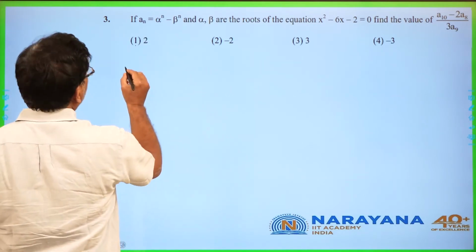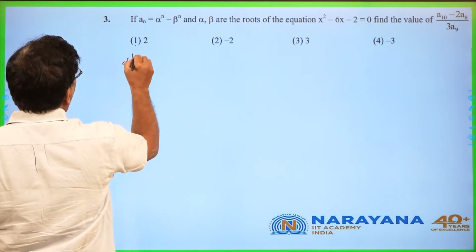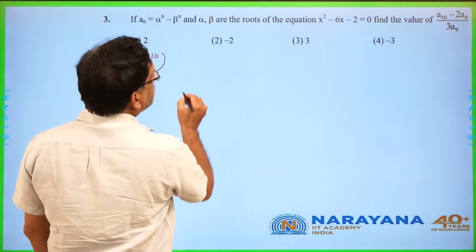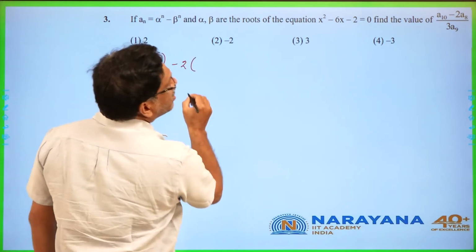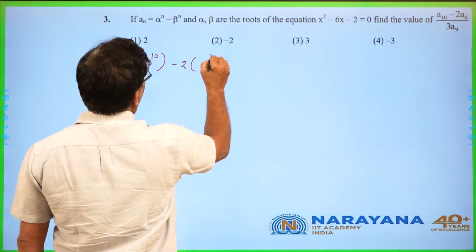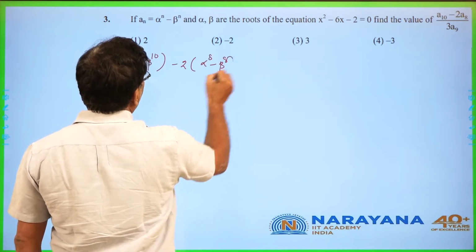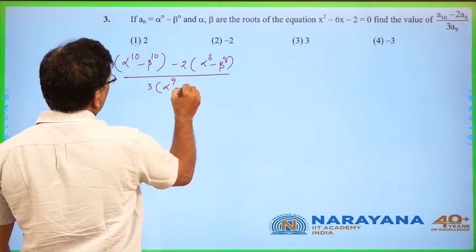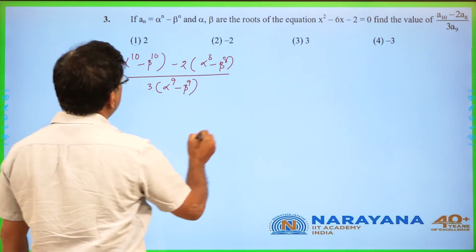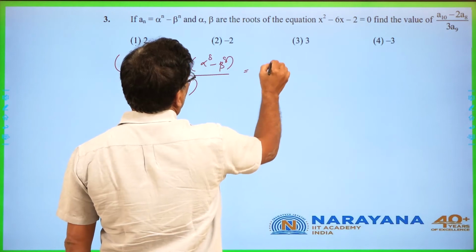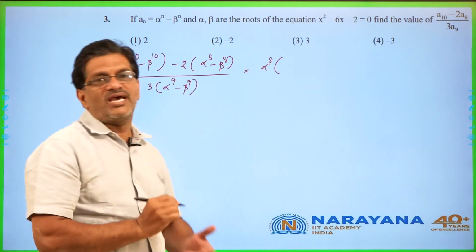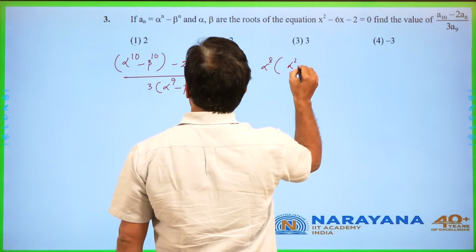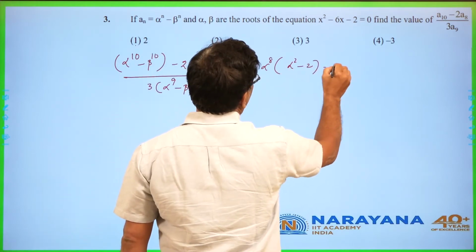So A10, in the sense alpha power 10 minus beta power 10, minus 2 times A8, that is alpha power 8 minus beta power 8, by 3 times alpha power 9 minus beta power 9. From alpha terms, let us take alpha power 8 common. Then this becomes alpha square minus 2.